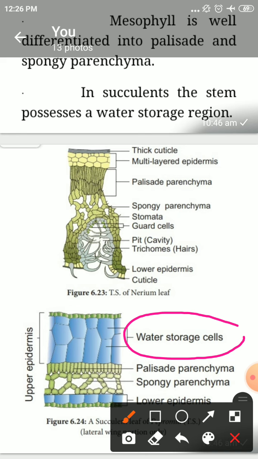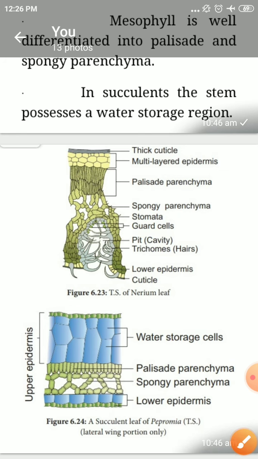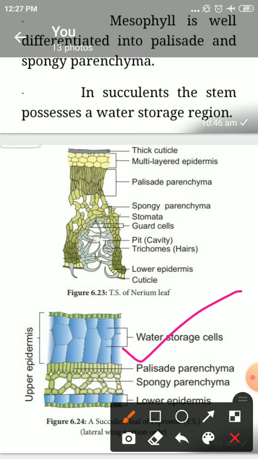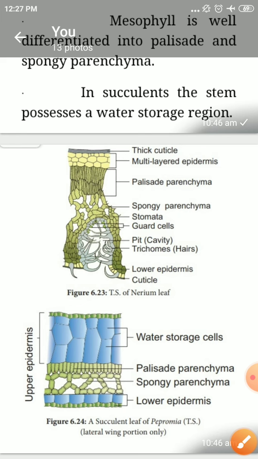Whenever the water is there, the water is stored in the water storing tissues. This is the figure of succulent plants. This is a figure of Peperomia, which is a succulent, where the water storage tissue is present.